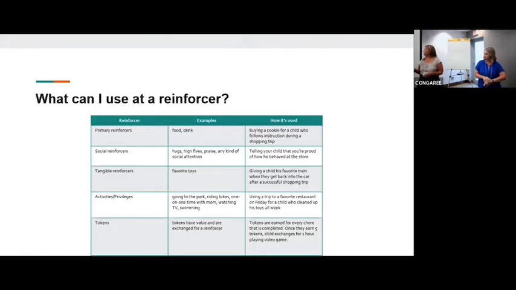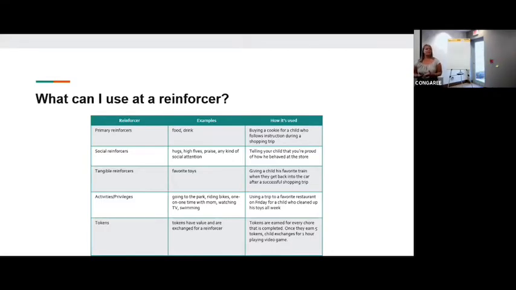So what can we use as reinforcers? This is very small, sorry, but there's a lot of different things. There's those primary reinforcers like we were talking about, the food and drink. Buying a cookie for a child who follows instruction during a shopping trip. Reinforcement is used with everybody.